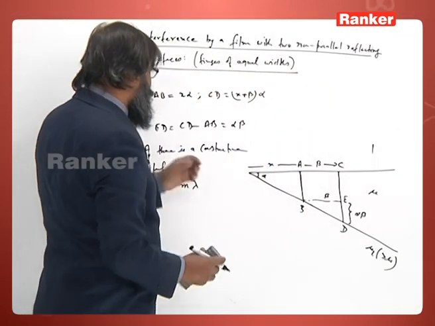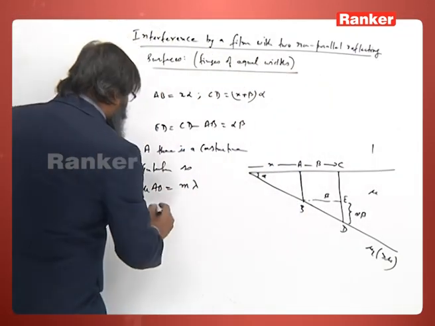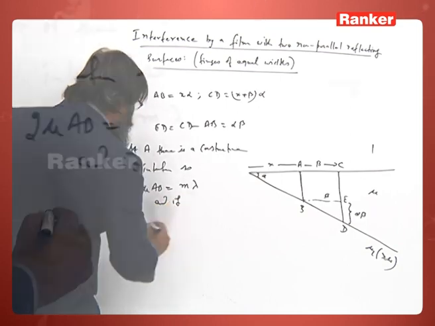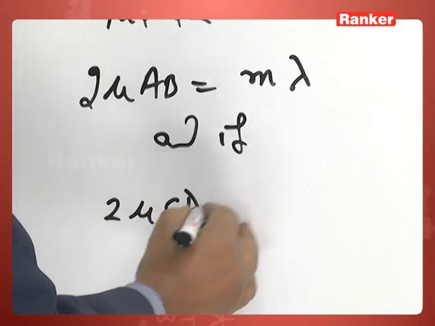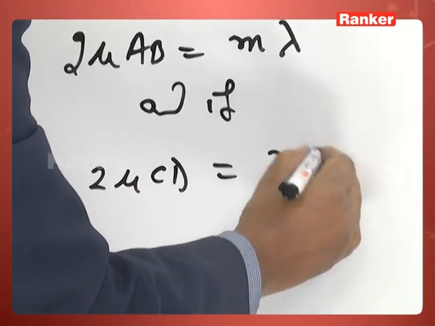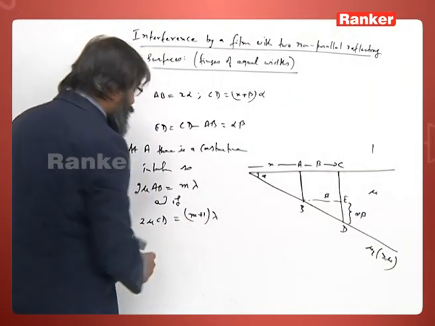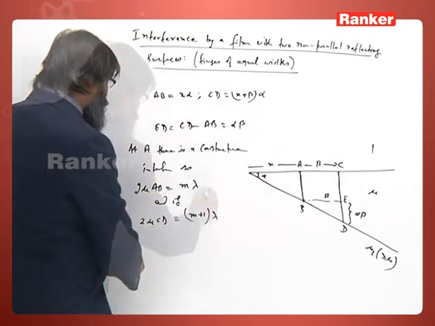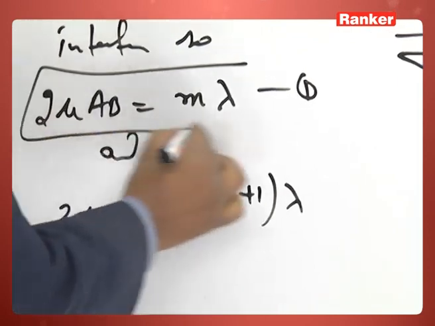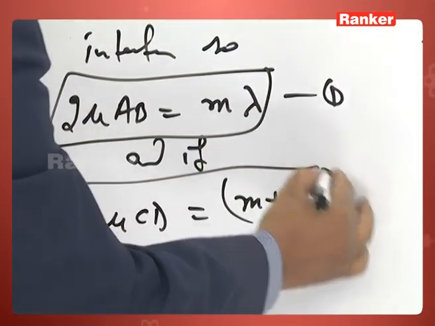In this case 2 mu CD is equal to (m plus 1) lambda. So this is equation 1 and this is my equation number 2.